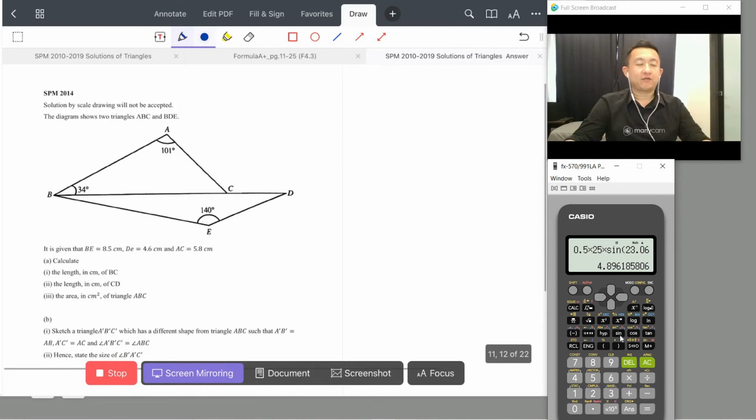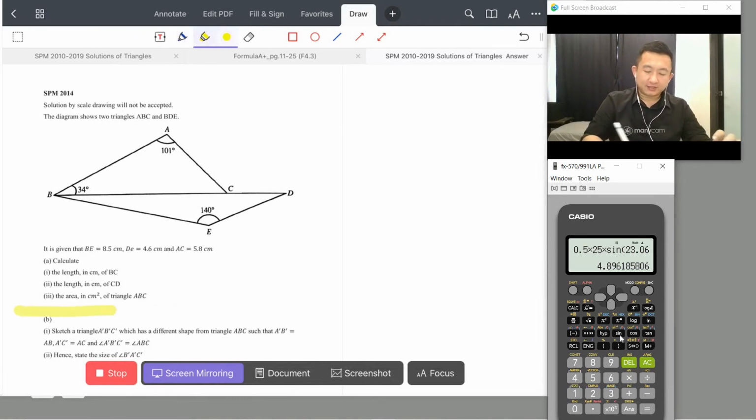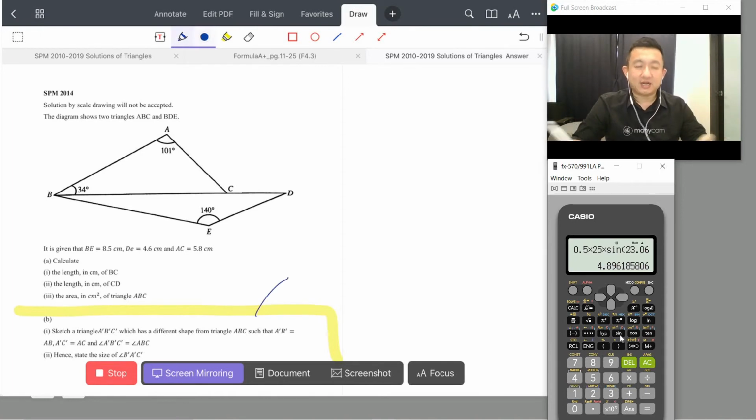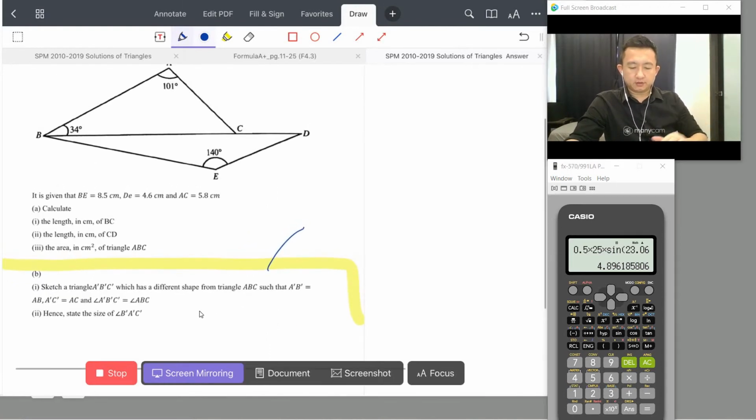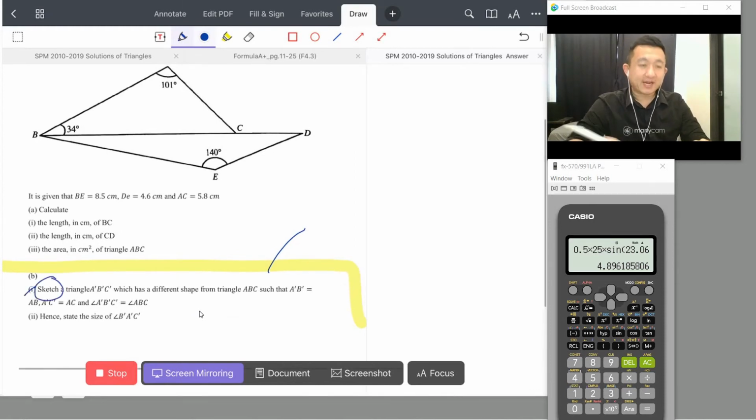We move on to SPM 2014's. Again, look at these parts. Sketch a triangle A prime, B prime, C prime, which has a different shape. Again, a different way of asking, but we know that this is the ambiguous case also. Now let's have a closer look. The keyword here again, B1, sketch.